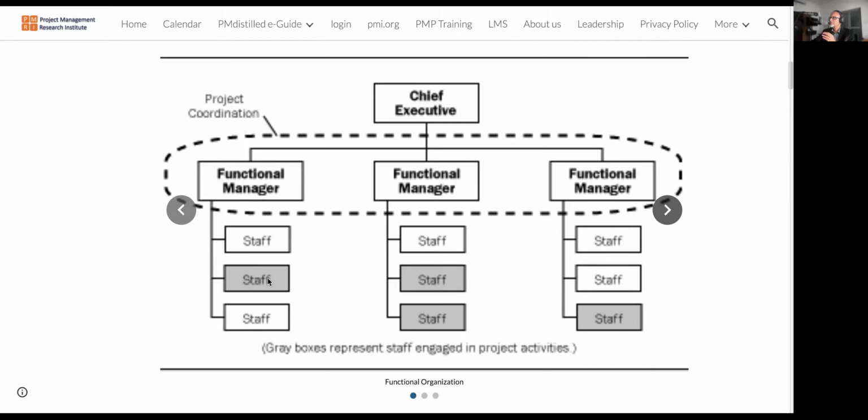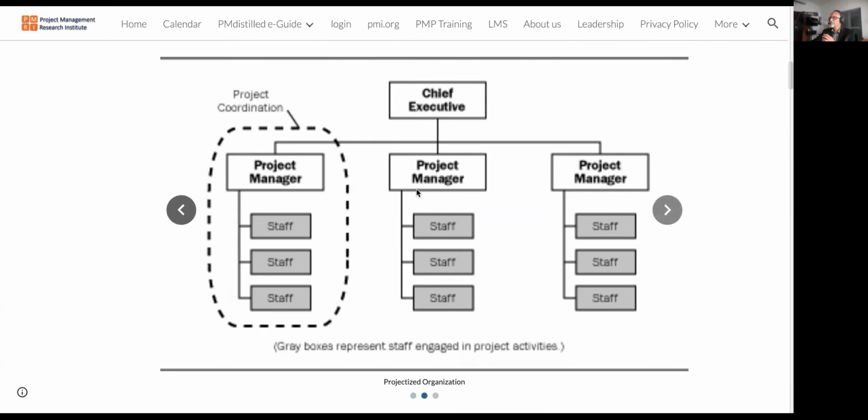So the project manager plays more of a coordinator role in a functional organization. Then we have projectized organizations where project managers report directly to the CEO. So they have ultimate authority levels.